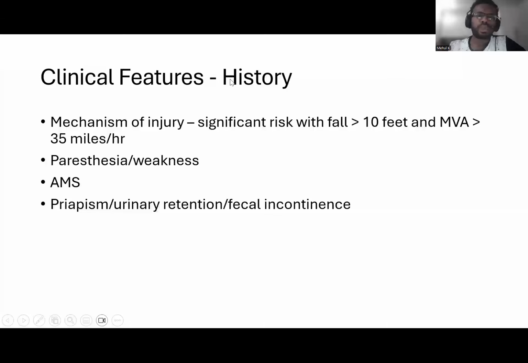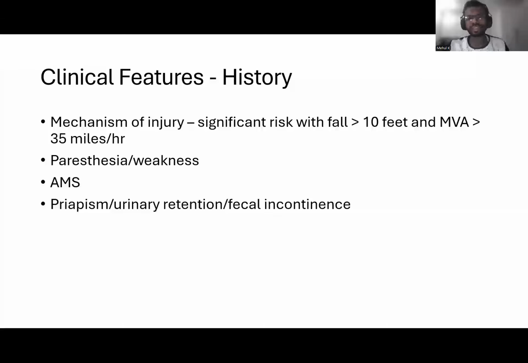So coming on to clinical history, how do you consider whether a patient, based on his or her mechanism of injury, is going to be at high risk of cervical spine injuries or not, or whether the patient is having a low enough risk that you can proceed without radiology? So the risk factors include if a patient is falling more than 10 feet in height, or a motor vehicle accident at significant speed.